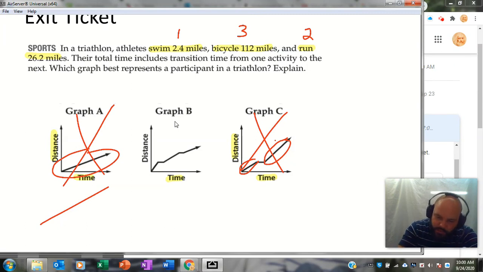If you look here at the beginning, this is the steepest part of the graph. So my guess is they bicycled there, and then this one's the next steepest, so they were probably running there, and then this one is the least steep, so that's probably the swimming. But the main thing to see is there's three parts to that graph, and the other ones did not have that, so that's going to be our answer.